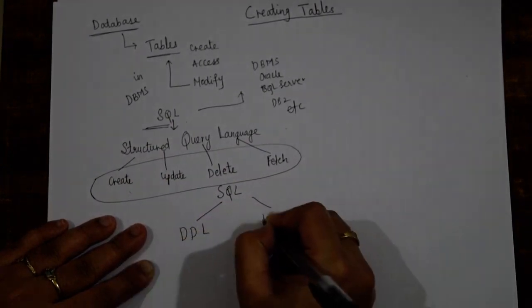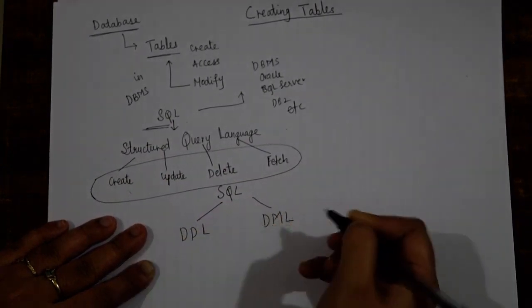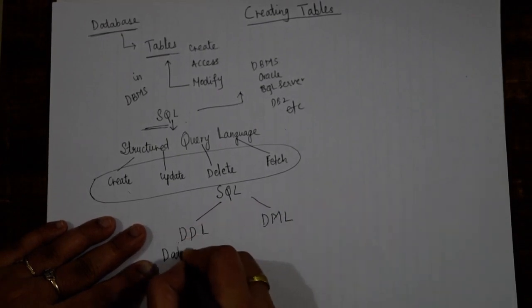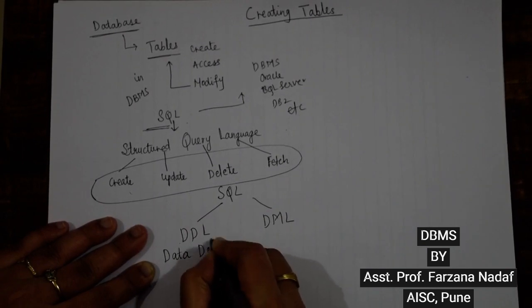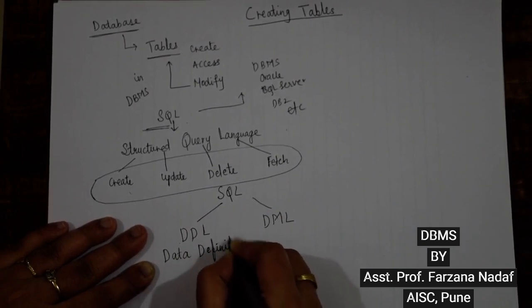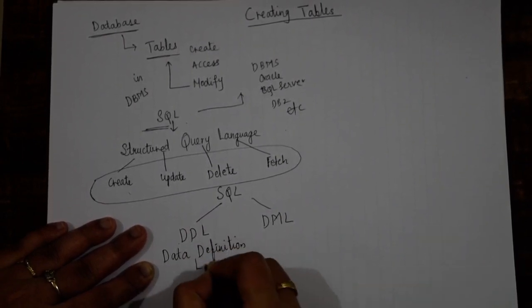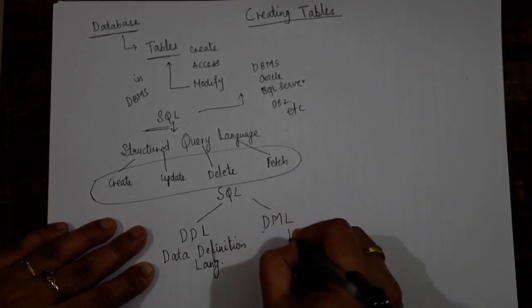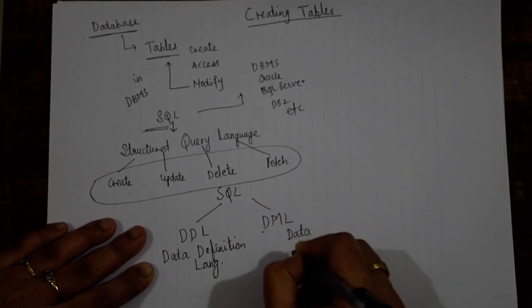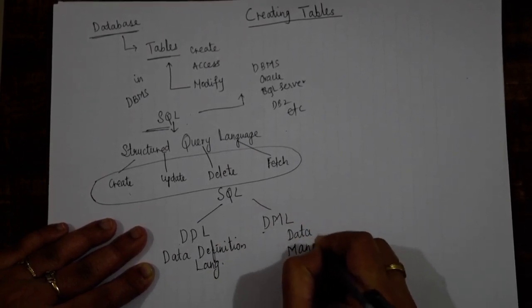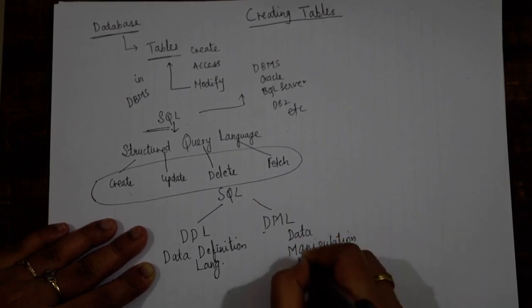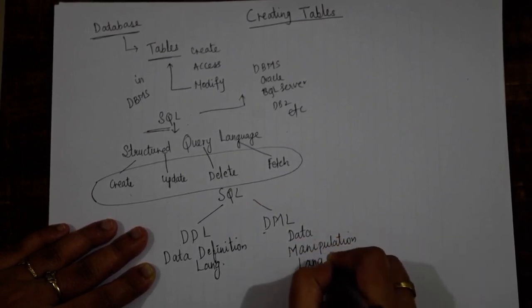Now these SQL statements are basically divided as DDL and DML. DDL is data definition language, DML is data manipulation language.